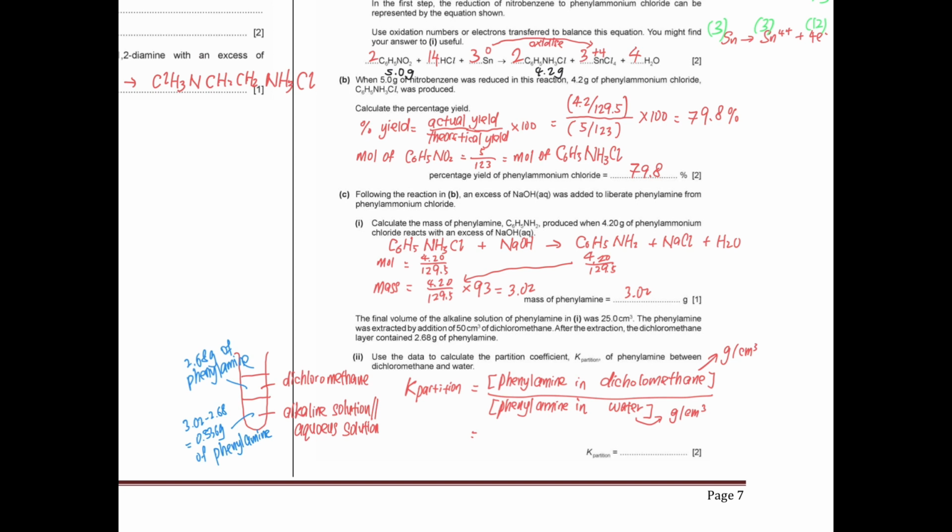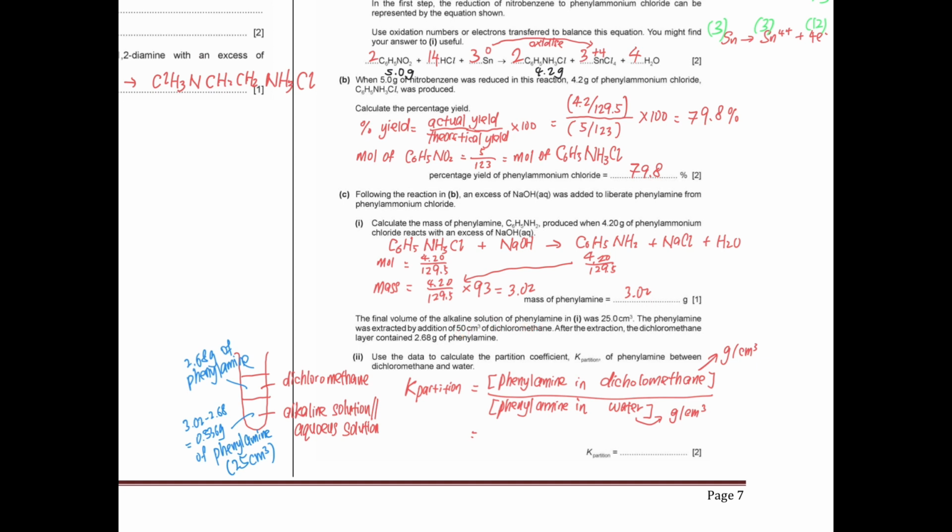Okay, now we need to know the volume also. As you can see, this is the volume of the aqueous solution, 25 cm cube. So let's write down first, 25 cm cube, whereas 50 cm cube is the volume of the dichloromethane.